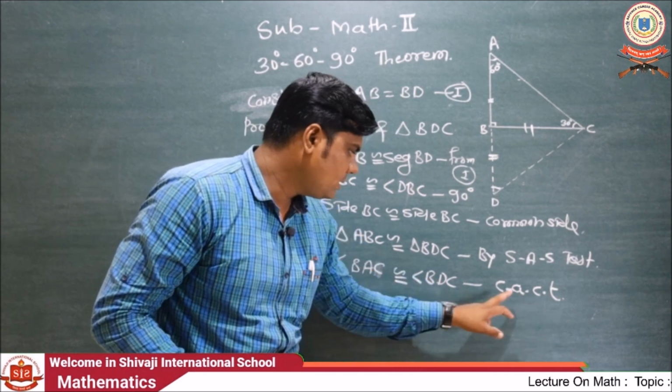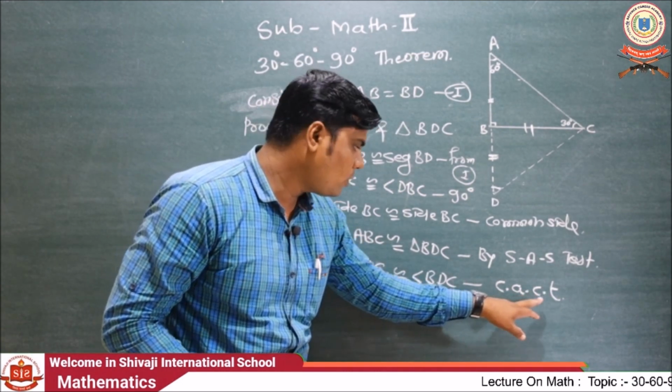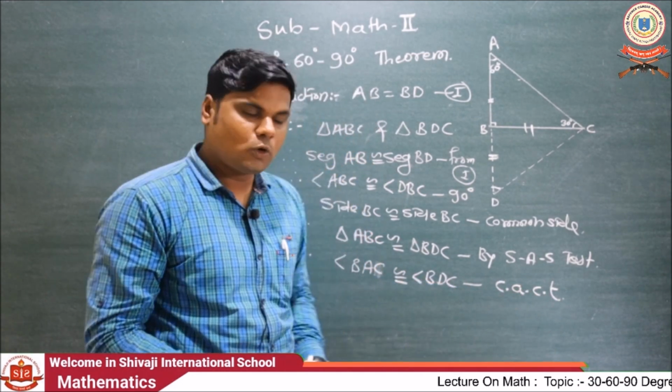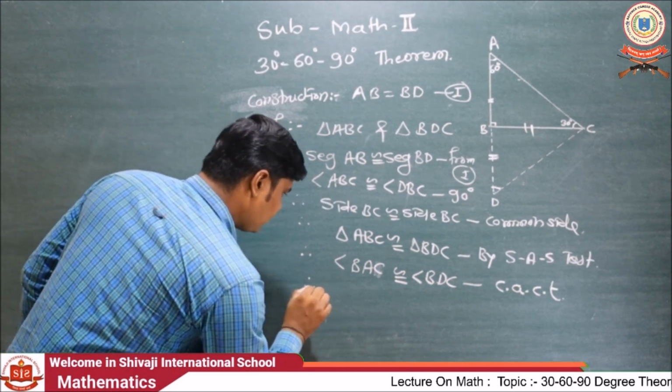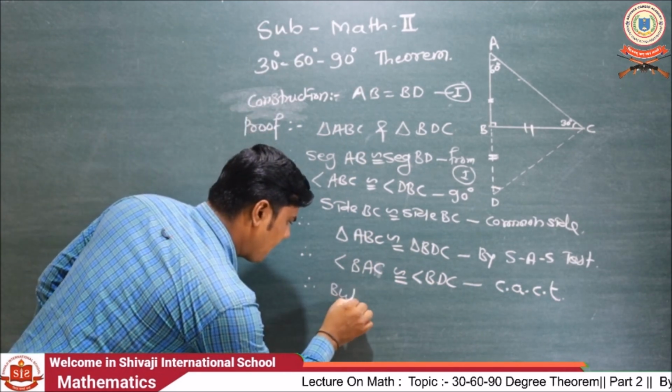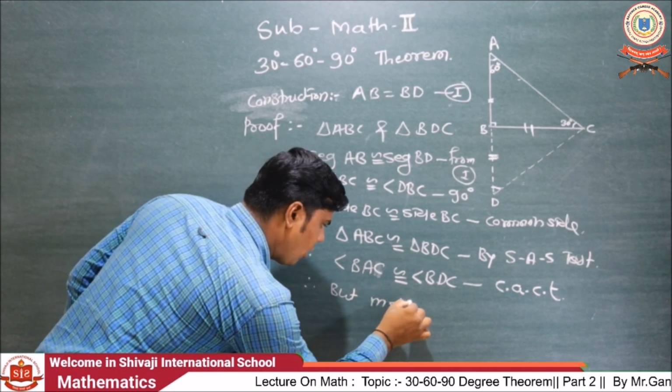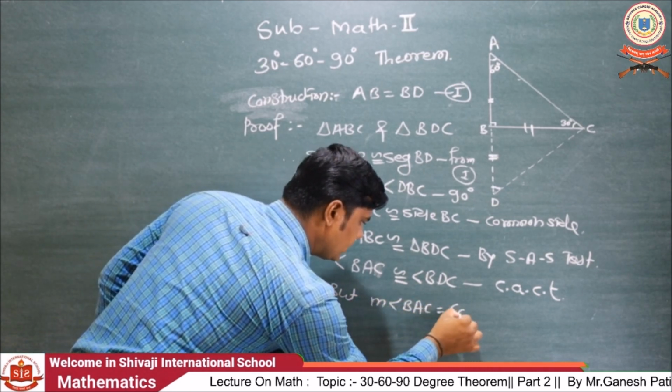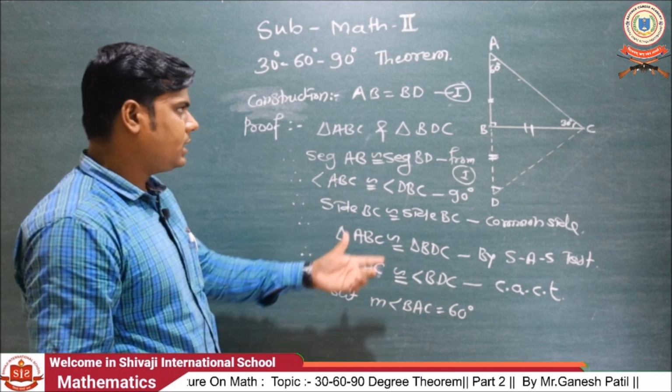CACT means corresponding angles of congruent triangles are also congruent. But the measure of angle BAC is equal to 60 degrees. This is the given.